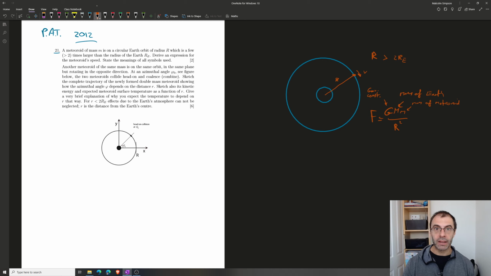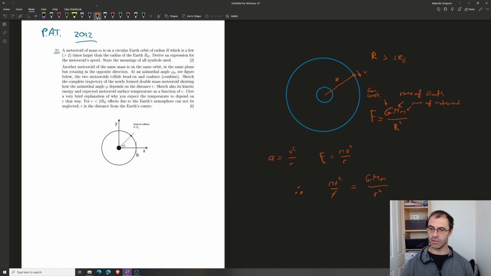That's the only force acting, so that must provide the centripetal force. Centripetal acceleration is given by v squared over r, and by F equals ma, therefore centripetal force is given by mv squared over r. So I can just equate the two, because gravity is the only force acting here. So mv squared over r equals GMm over r squared.